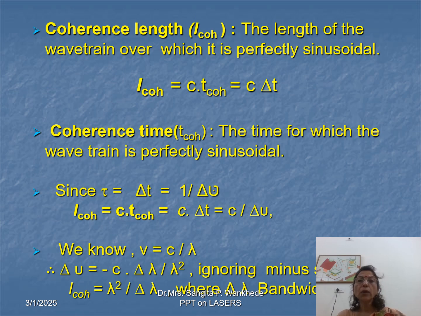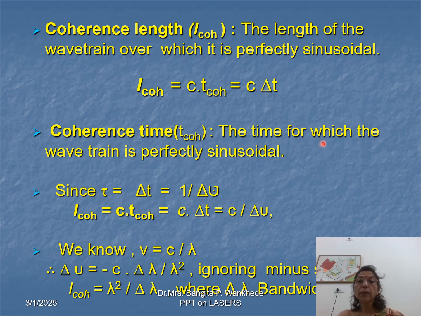Then what is coherence length and coherence time? There are many light waves traveling. The length of the wave train over which it remains perfectly sinusoidal is known as coherence length, and it is given by c into T coherence, that is c into delta T, where delta T is the coherence time.